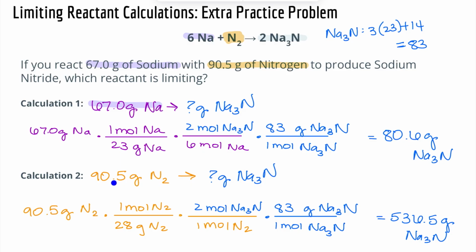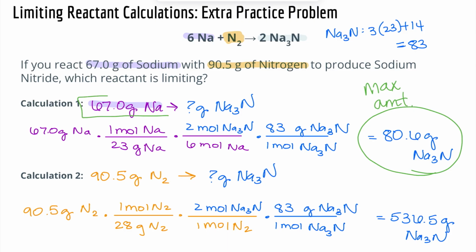My 90.5 grams of nitrogen made 536.5 grams of sodium nitride, which means whichever one is smaller, that is my maximum I can produce, my theoretical yield, and that means that sodium is my limiting reactant in this case.